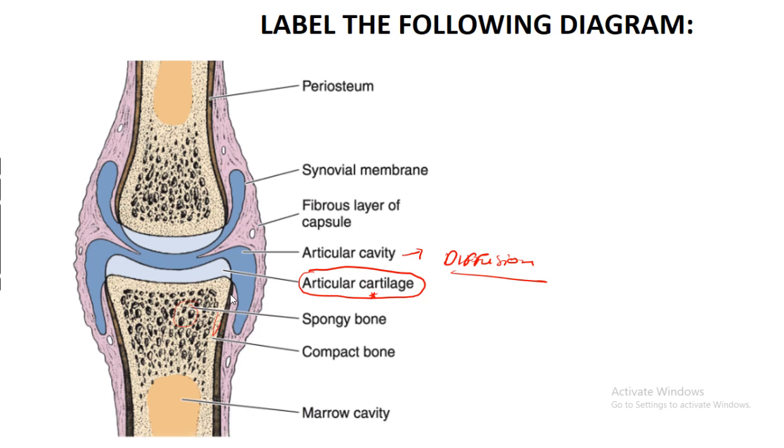Then simply look at the bone marrow cavity. The marrow cavity helps in the production of lymphocytes, and of blood cells such as the red blood cells and other things.